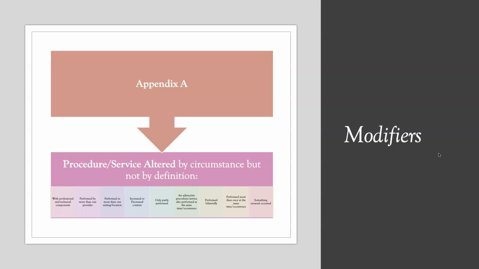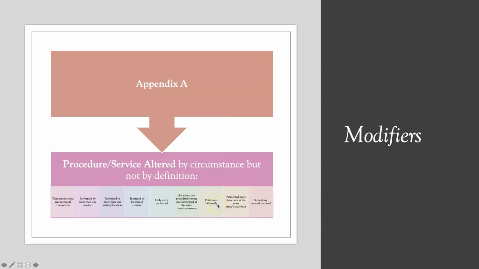Maybe it's a matter of technical or professional components. Maybe it was performed by more than one provider. Maybe it was performed in more than one setting or location. Maybe the content was increased or decreased. Maybe they were only able to partly perform the procedure or service. It could have been an adjunctive procedure service that was also performed at the same time and occurrence. Maybe you had something sort of additional that's with it.